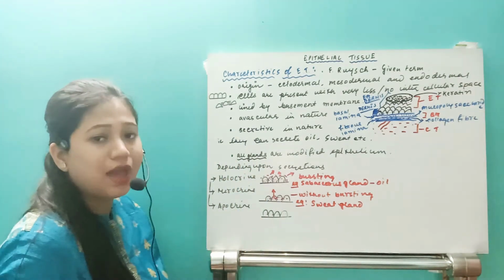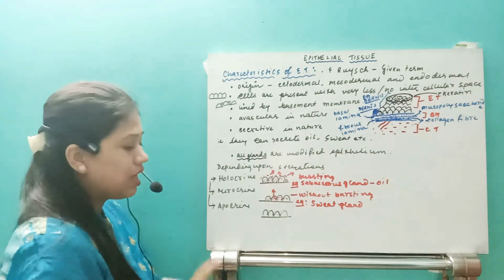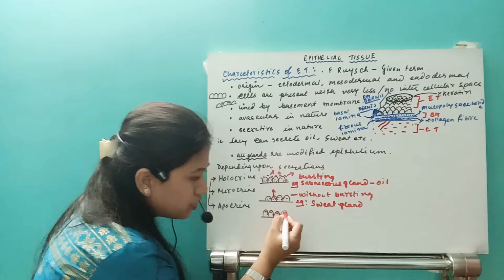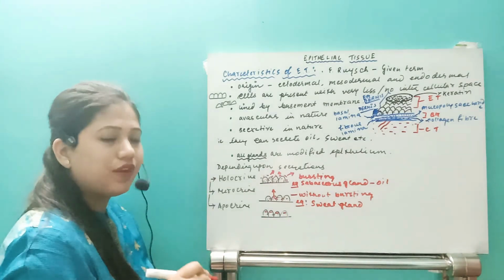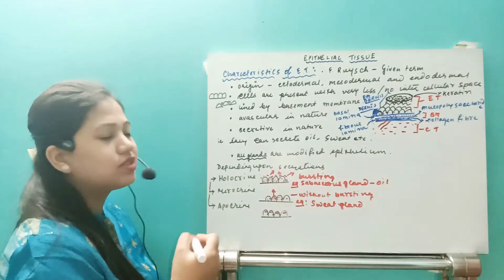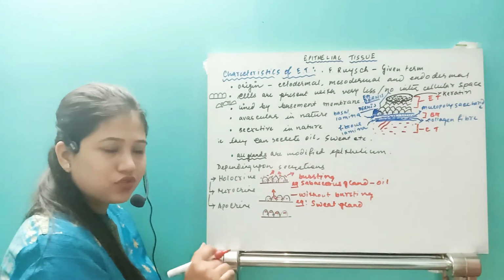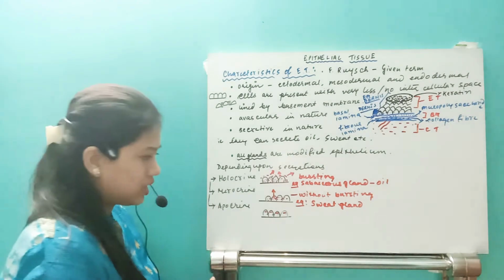And if it is the apocrine gland, that means the secretion will be stored in the apical part of the epithelial cells, and whenever it needs to secrete, it will secrete by just the process of exocytosis without bursting its cell.